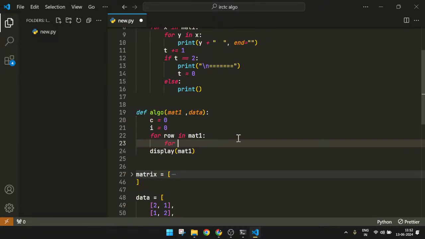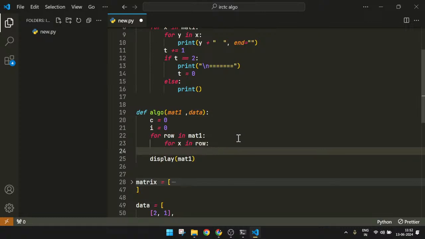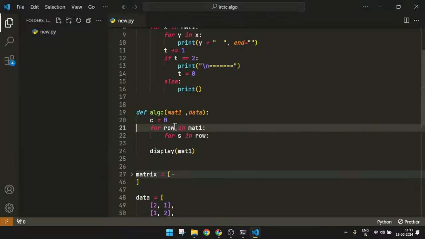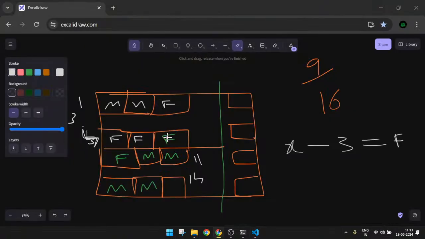So I need for 0, 1, 2, and 3. Not 3, bro. In row, for seat in row. Actually, I don't need this. Or I need it.